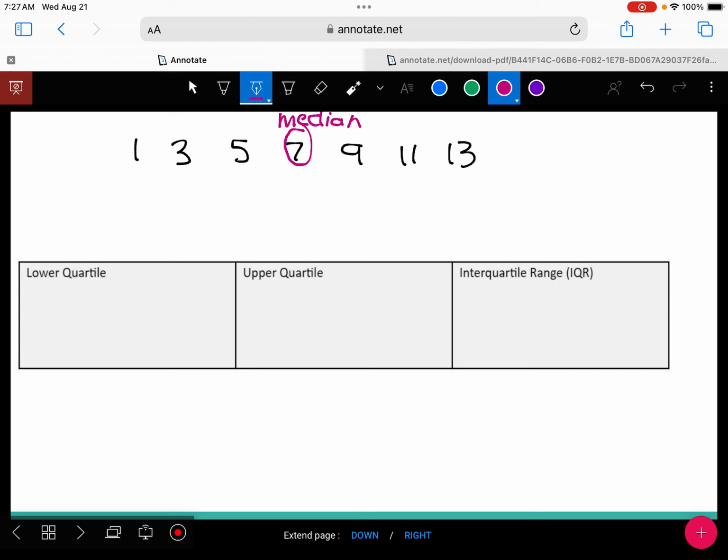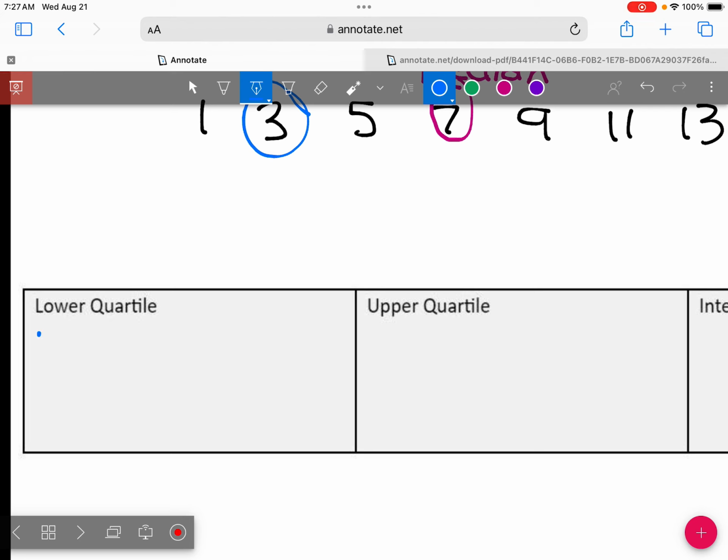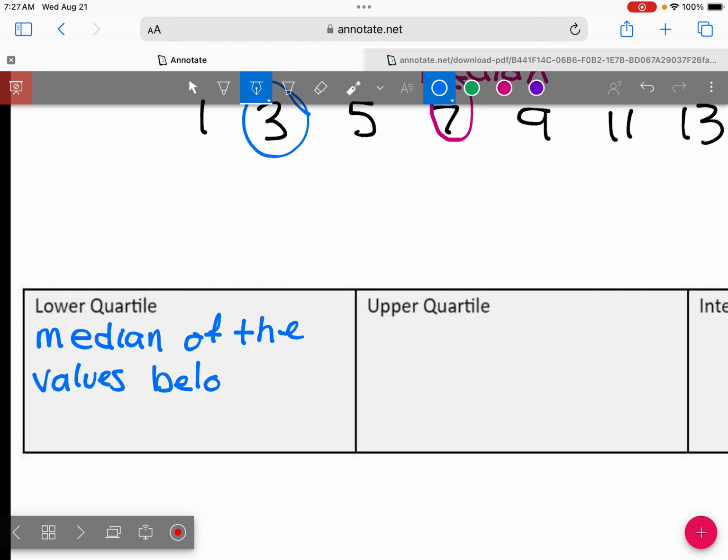That's all it is. So our lower quartile, which I did in blue, is the median of the values below the main median, the first median.